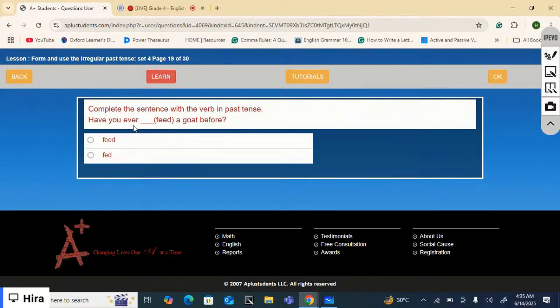Have you ever blank a goat before? The verb is feed. Choose the verb in past tense. Is it feed or fed?